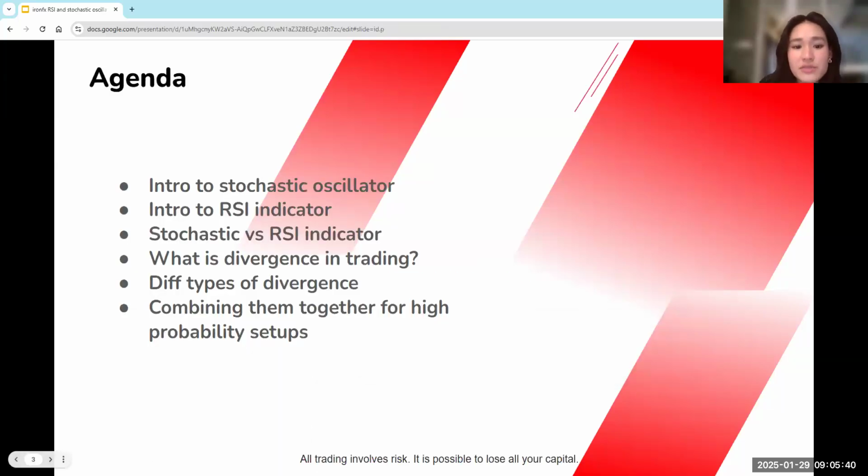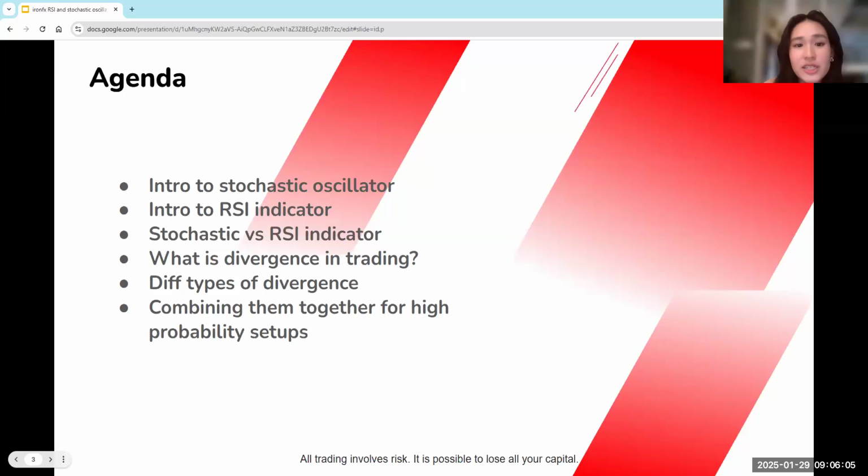So here's our agenda for today. As I mentioned earlier, if you guys recently just joined, because I saw a bunch of you just join our session, welcome. This session was supposed to be about how to set up your trading journal, but we've changed it because of compliance issues and other issues as well.